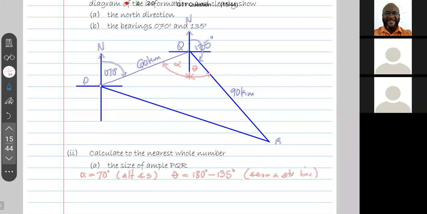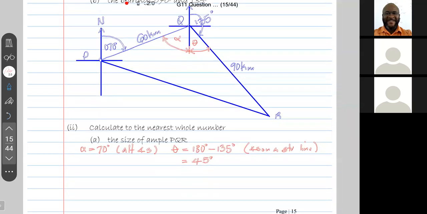Angles on a straight line add up to 180. So I simply just what? Take away 135 from 180 to get theta. That theta is 45 degrees. Alpha and the 70 degrees are alternate angles. Alternate angles are sometimes called Z angles.